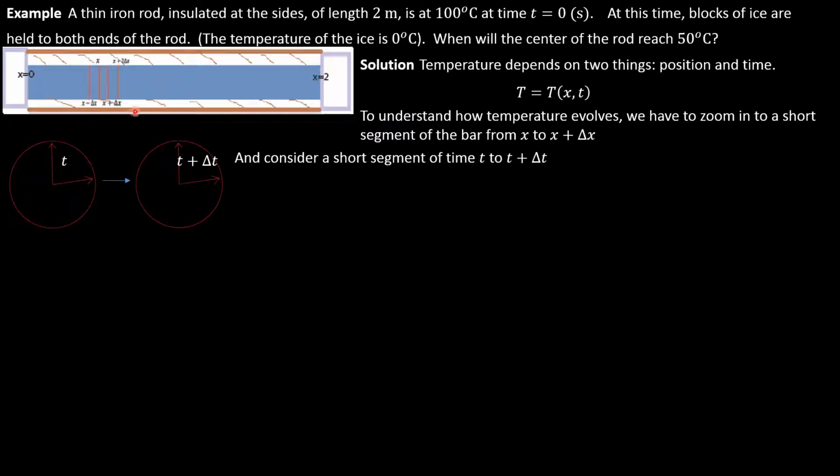So what we're going to do, I've updated the picture now, is we're considering this little slice right here, and in order to do that, we're going to consider its 2 neighboring slices, here and here.